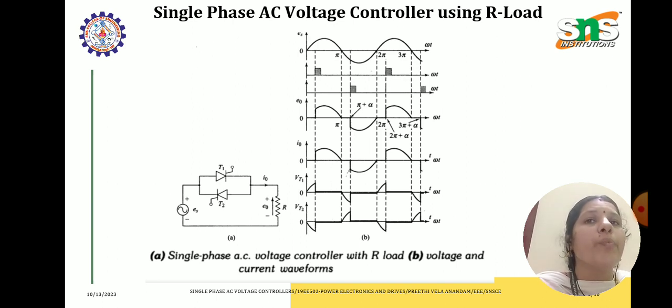At pi, both e0 and i0 fall to zero and just after pi, T1 is subject to reverse bias condition and is therefore turned off. During the negative half cycle T2 is triggered at pi plus alpha. T2 conducts from pi plus alpha to 2 pi and soon after 2 pi T2 is subject to reverse bias condition and it is therefore commutated.